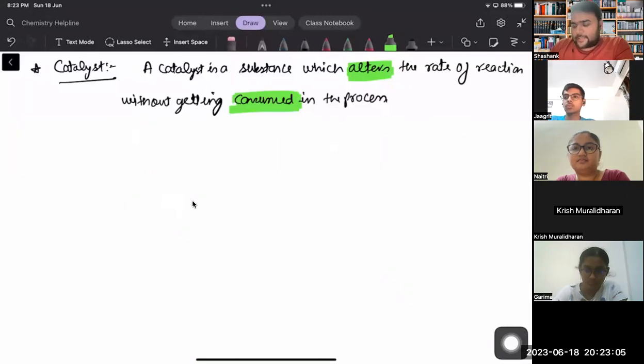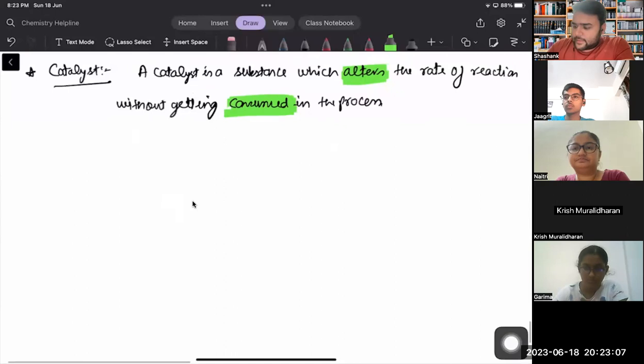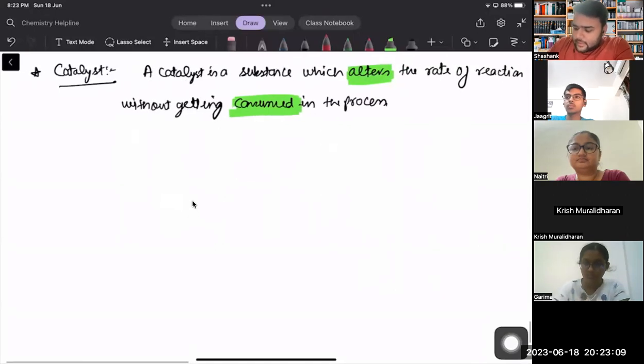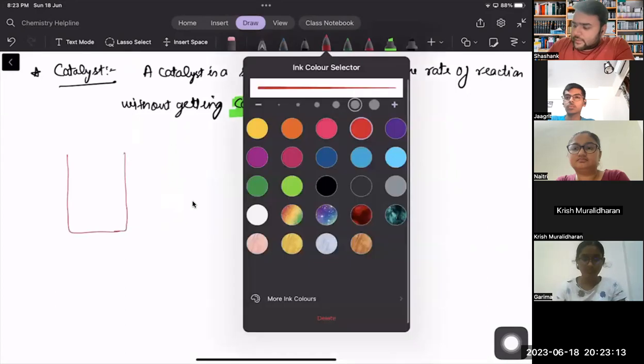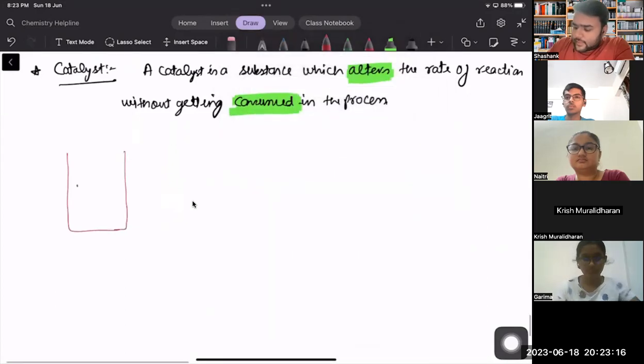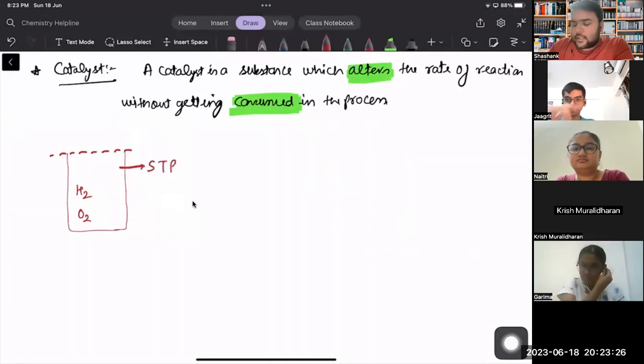So let's say what happens. There's a very famous example that suppose you have a mixture of H2 and O2 in the gaseous form, right? And I have closed it, and this is at STP. So theoretically, it is said that if you keep it for even a million years, nothing will happen to it.